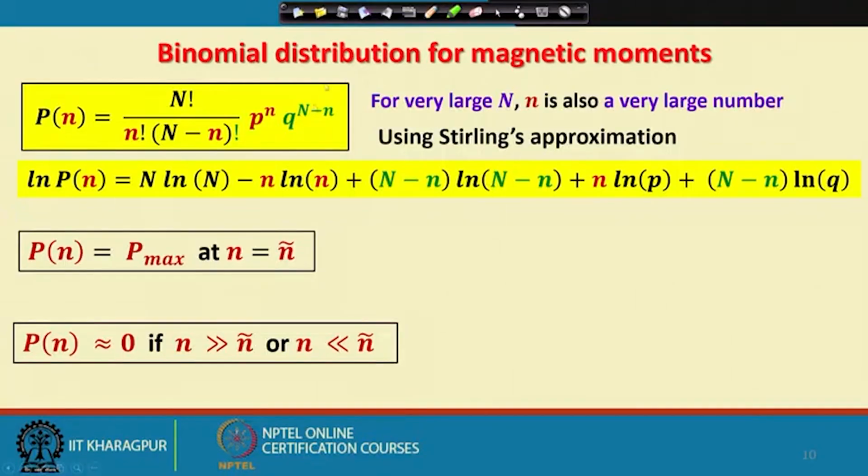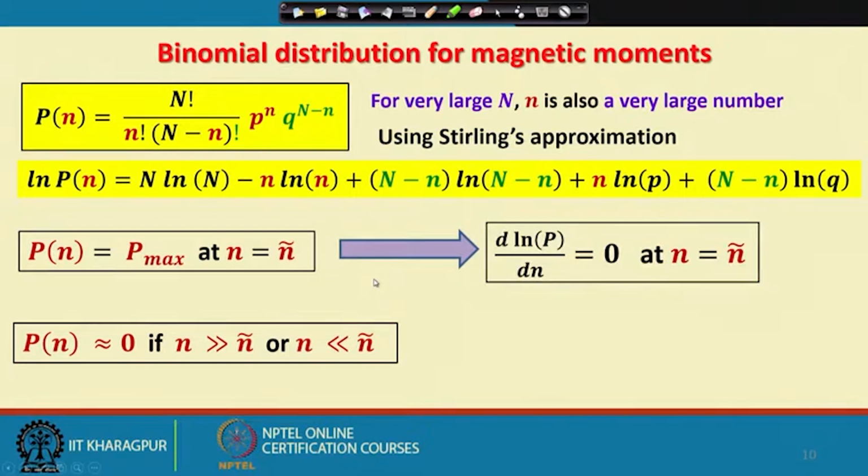First of all, if I have P of n equal to P max at n equal to n tilde, then I can very easily say that if I take a derivative of ln P with respect to n, I can put it equal to 0 at n equal to n tilde. This is a little bit of mathematics.